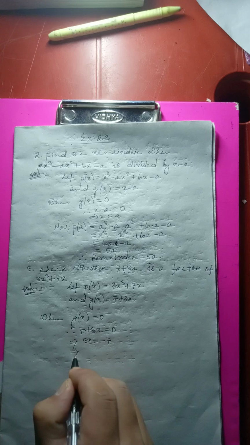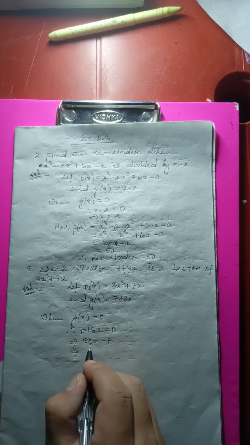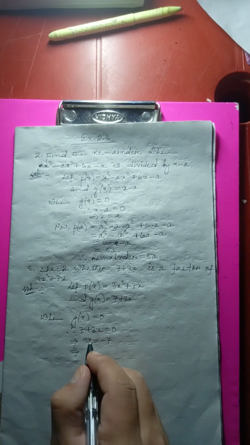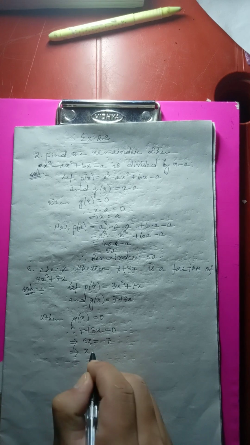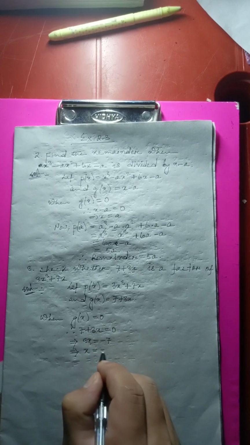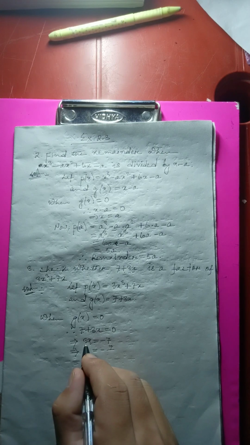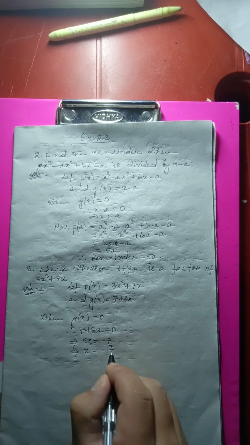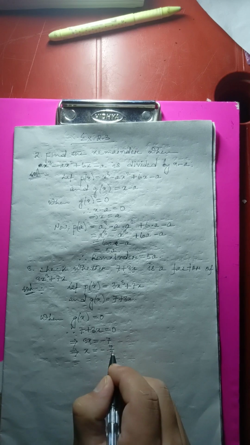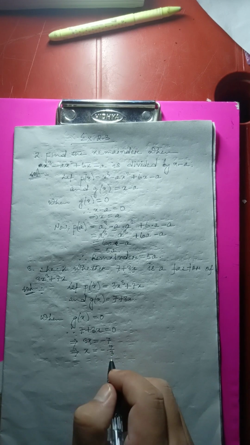To find x, keep x itself and move the 3 to the other side. Since there is multiplication between x and 3, when 3 moves to the other side, it goes into the denominator. So x is equal to minus 7 by 3.